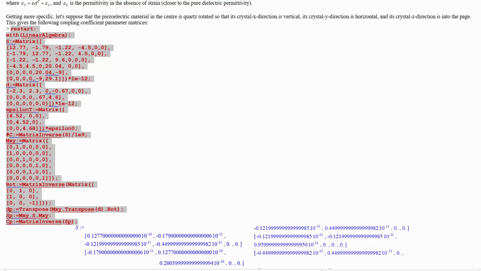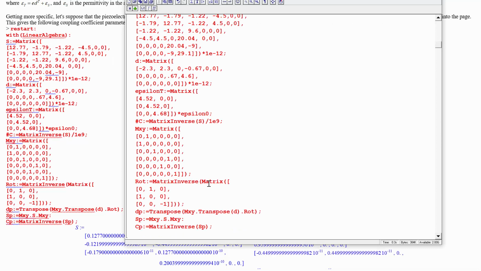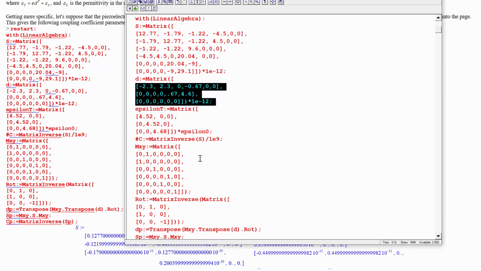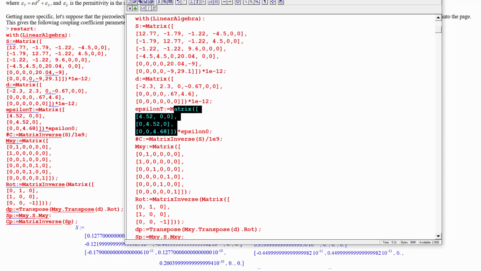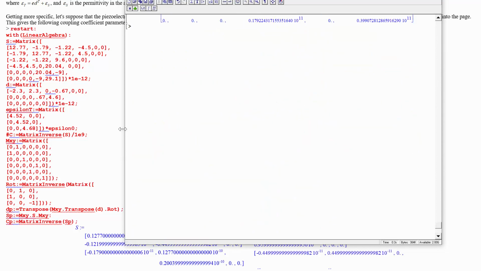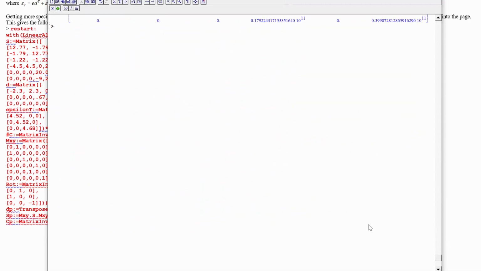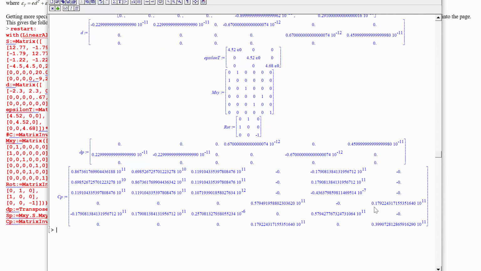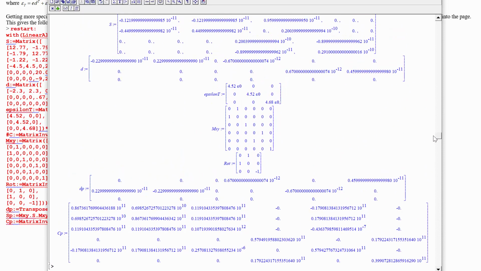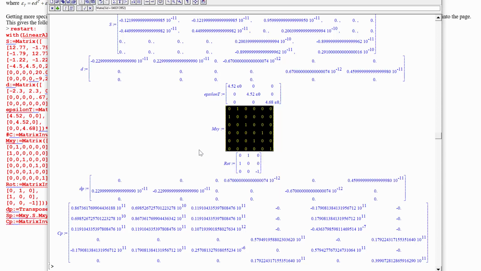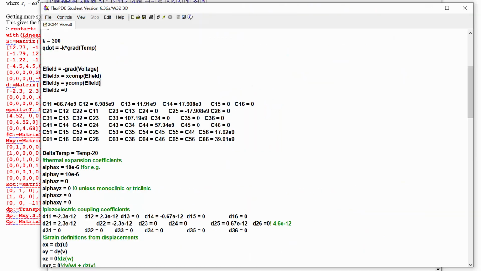If we carry that out for quartz, using the compliance matrix for quartz, the D matrix, and the epsilon T, then we can work out what the equivalent stiffness matrix is after transforming, and the D matrix after transforming it, using Control 1 to put this into smaller font if you're interested. So from this, we can incorporate things into Flex PDE.